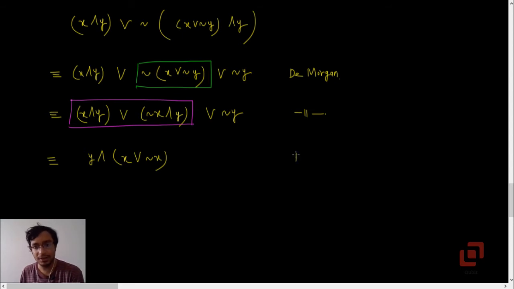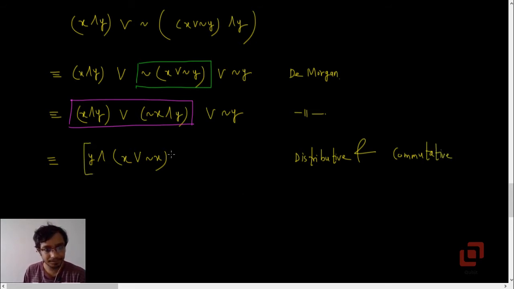So here we are using distributive law and commutative law. First I have used the commutative law to reverse the order, and then I have applied the distributive law. And then you have to keep this negation y as it is.